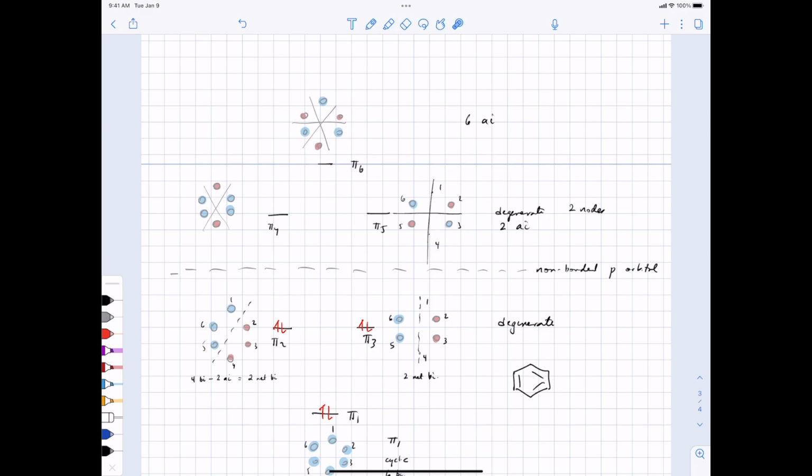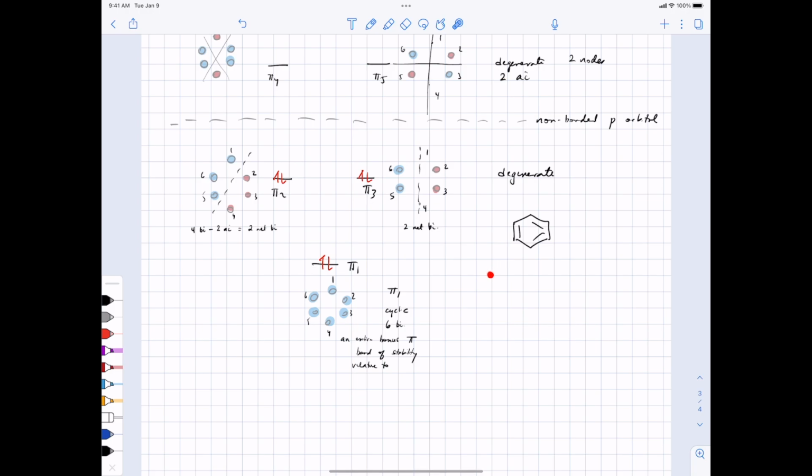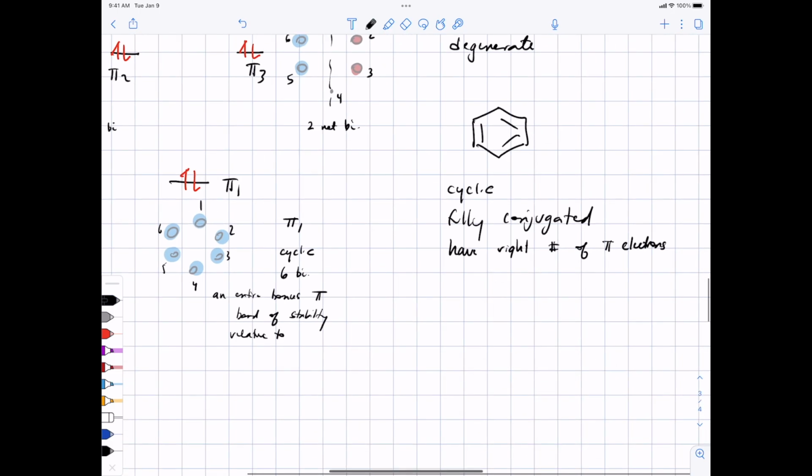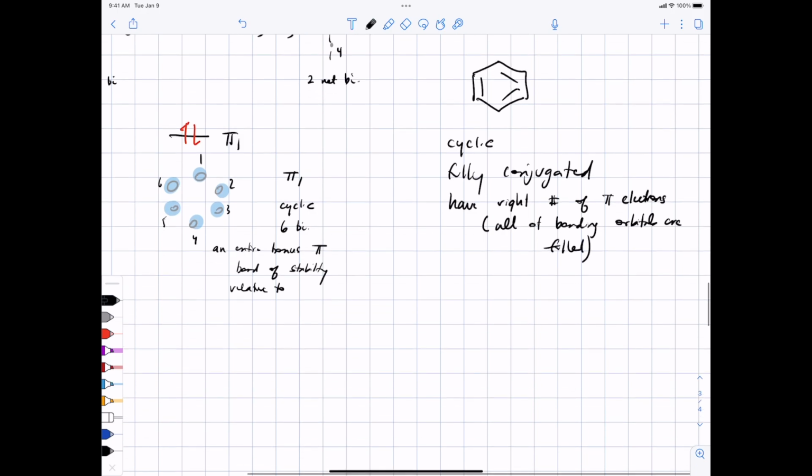Now, molecules like benzene that are cyclic, fully conjugated, meaning each atom in that ring is involved in the conjugated pi system, and that have the right number of pi electrons, where all of the bonding orbitals are filled, put these things together and you have a molecule that is called aromatic.